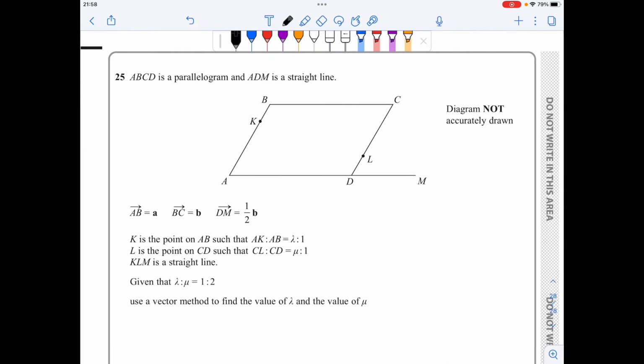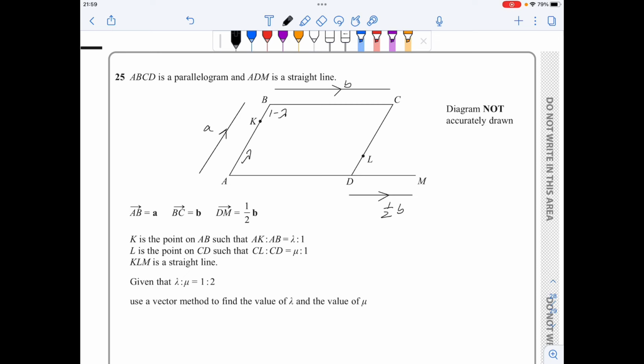For question 25, I know that AB is equal to a, BC is equal to b, and DM is half of b. Now AK to KB is lambda to 1, so AK is lambda and KB is 1 minus lambda.